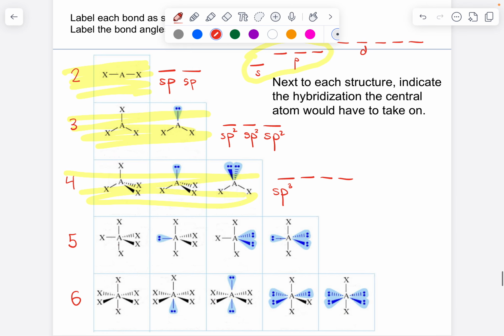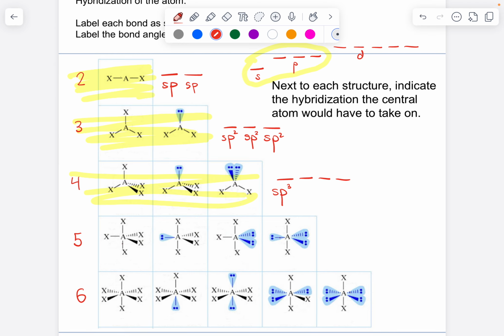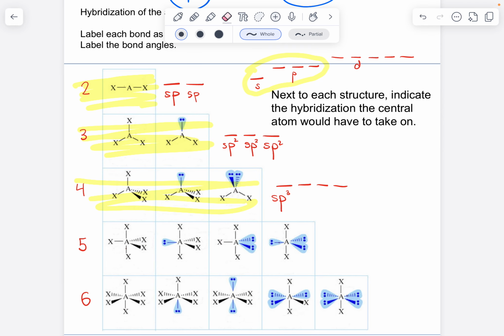Okay, now we're getting a little bit more complicated here with 5 and 6 groups. So 5 groups, I need to take 5 orbitals. So an S, 1, 2, 3 P's, so I've got 4, and then I'm going to grab a D as well.